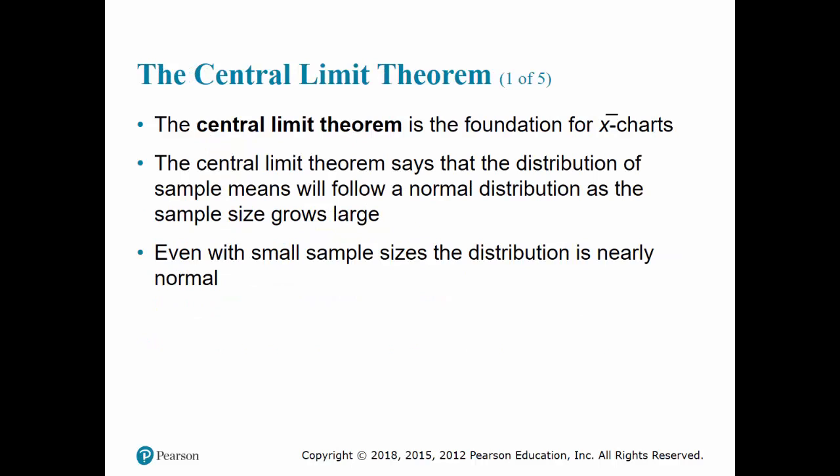And these control limits that we are going to develop rely on the central limit theorem. Central limit theorem says that whatever the underlying probability distribution in the production process may be, the mean will follow a normal distribution, approximately normal, right? And that approximation becomes closer and closer to the actual normal distribution as the sample size increases.